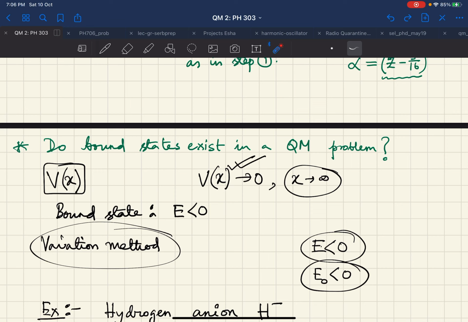For example, let us consider a particle moving in a potential V(x) such that V(x) goes to 0 as x goes to infinity. We know from our PH 204 course that a bound state is nothing but an energy eigenstate with E less than 0. For some potentials, there may exist an infinite number of bound states.